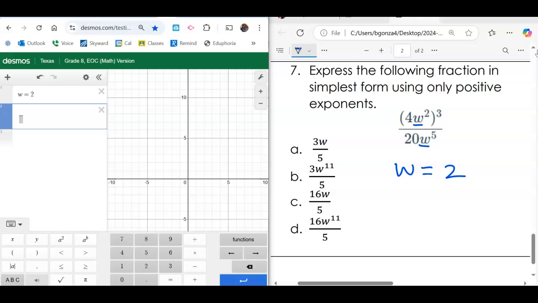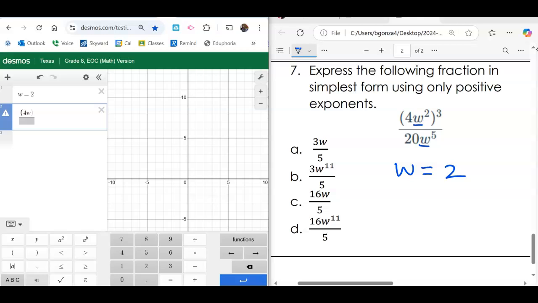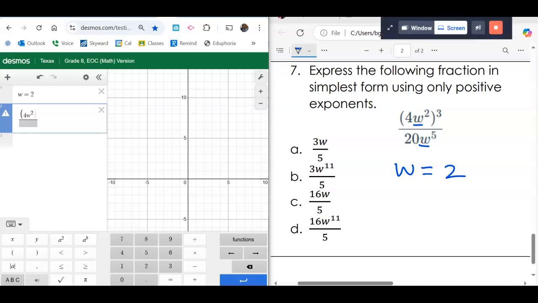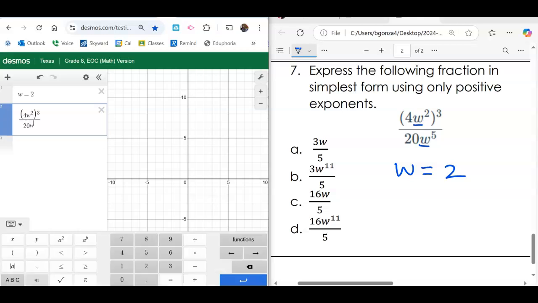Hit divide first to make the fraction bar. Parentheses 4W squared to the power of 3 over 20W to the power of 5.